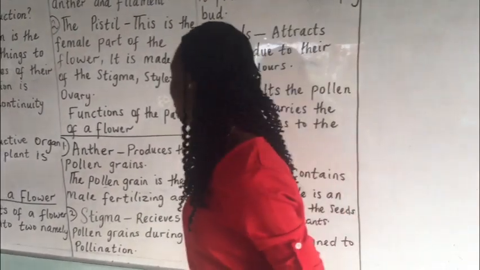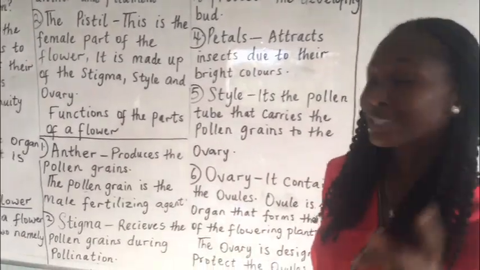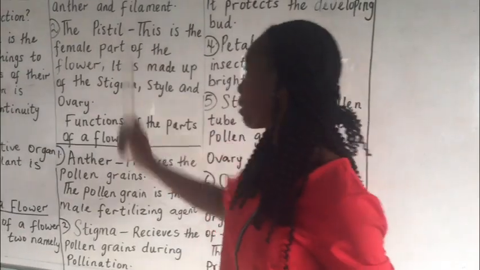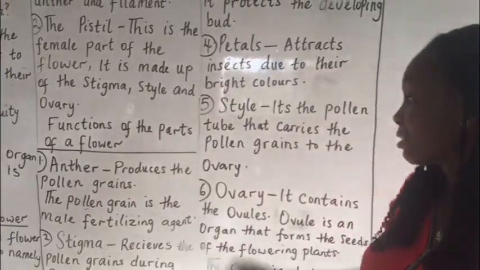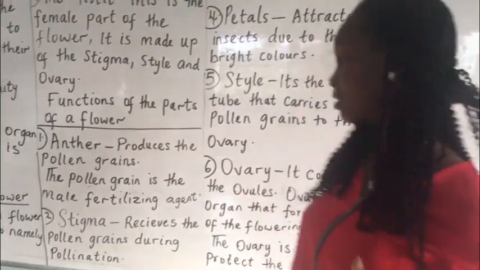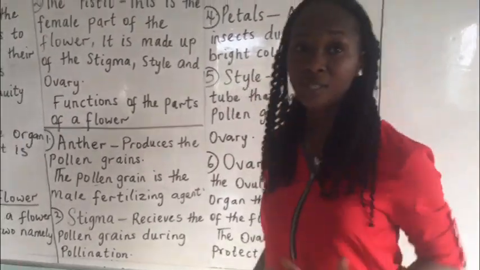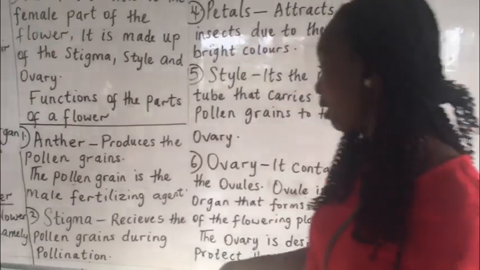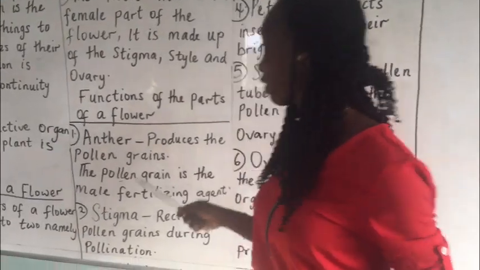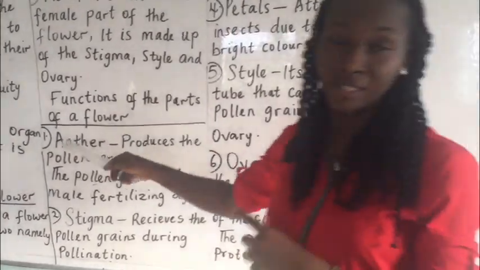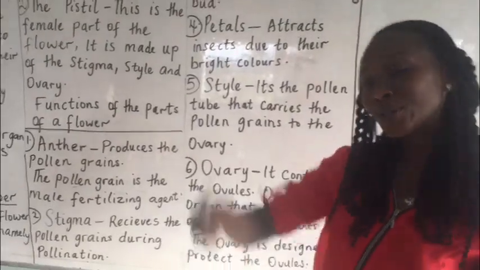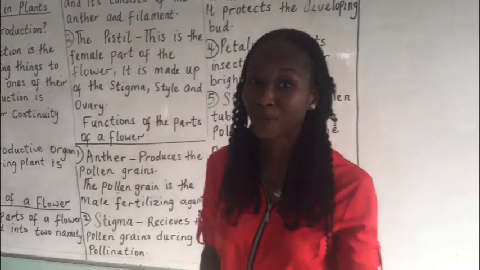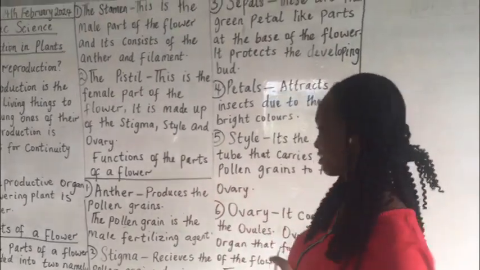Now, the stigma. The stigma is among the female parts of the flower. The function of the stigma is that it receives the pollen grain that is produced by the anther during pollination. Like I said, we're going to treat pollination in our next topic, so stay in touch.